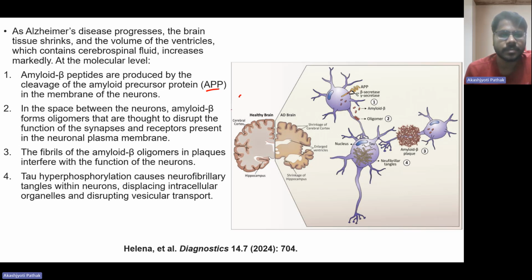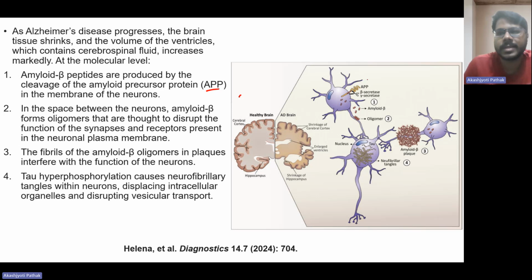This precursor protein is cleaved, and what happens after that? From this precursor, amyloid beta peptides are formed.